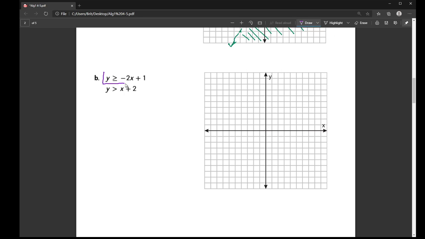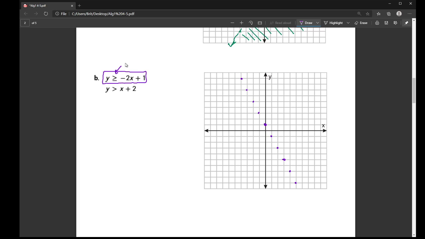So our first one says y is greater than or equal to -2x plus 1. So that plus 1 is my y-intercept. And a slope of -2 means I fall by 2 and run by 1. Alrighty. So then I check for whether I'm going to do a solid line or a dotted line.